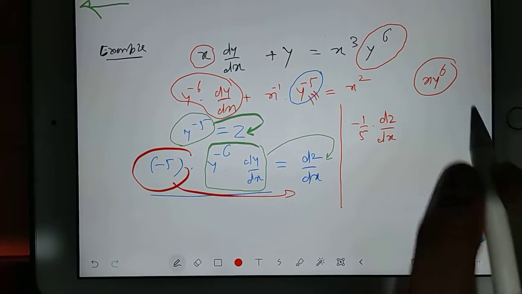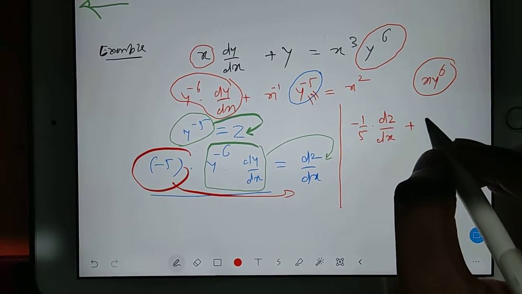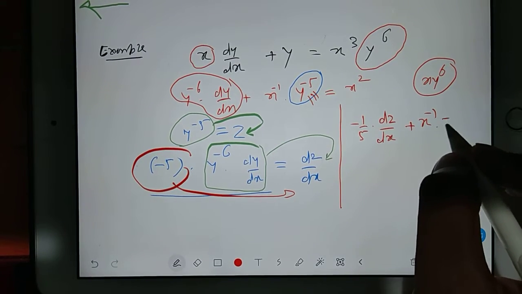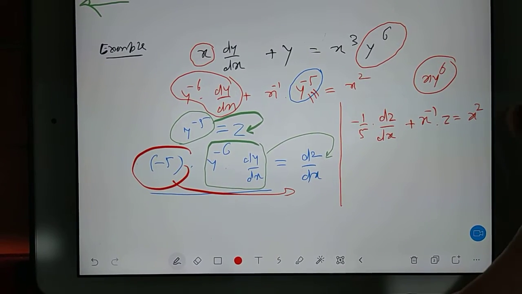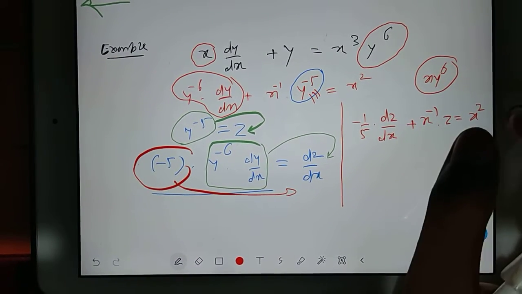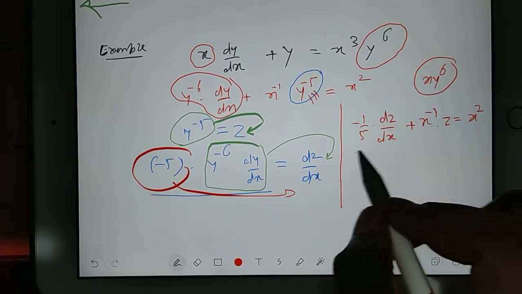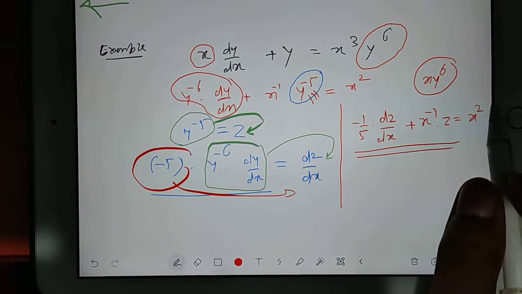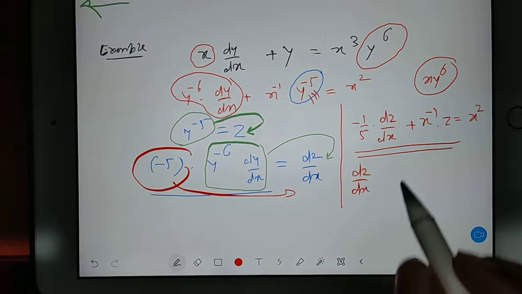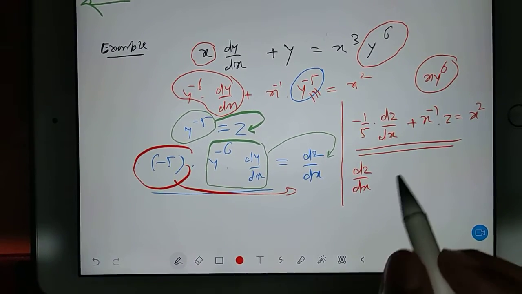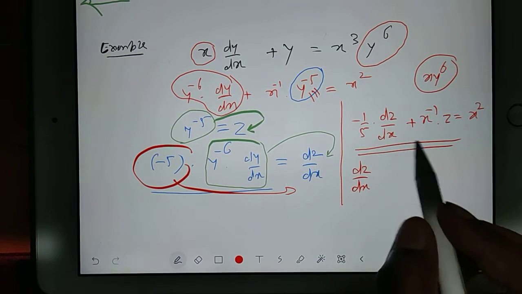Okay, this is one thing. Now plus, here I am having x power minus 1 into z, and this side I am having x square. This much clear? Now in this I will make small changes so that it looks exactly like Leibniz. So for that purpose I will make it dz by dx, and after that this minus 5 I will remove from here.